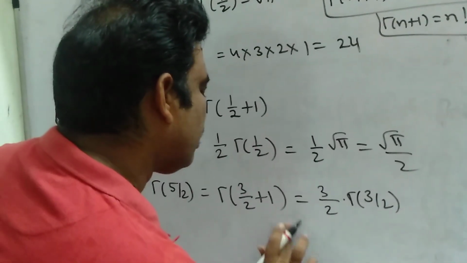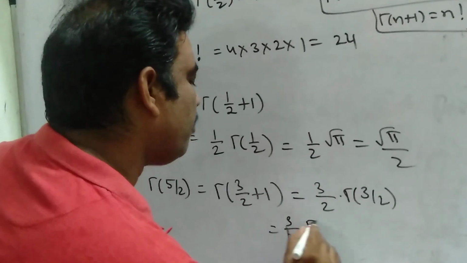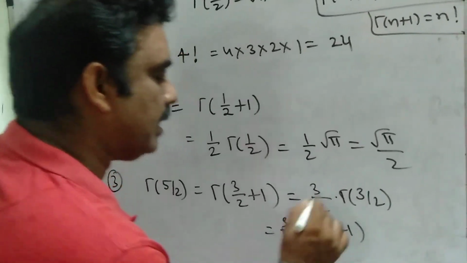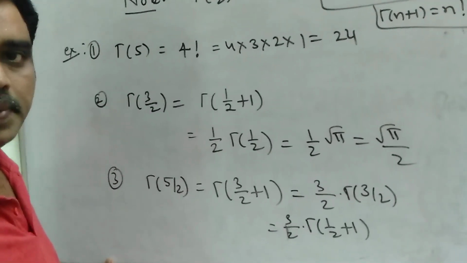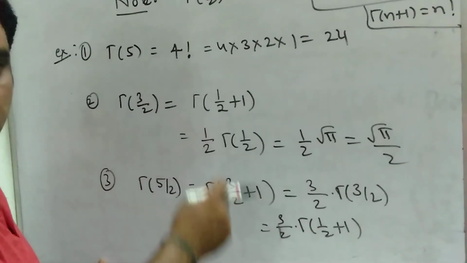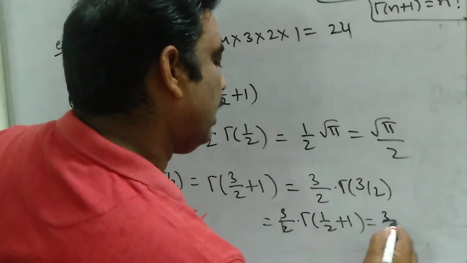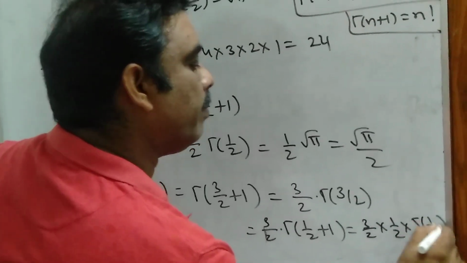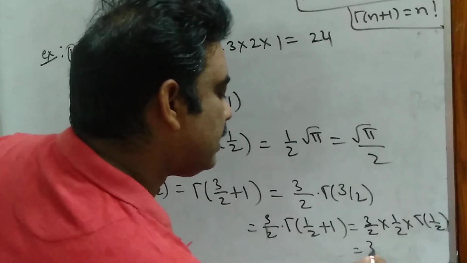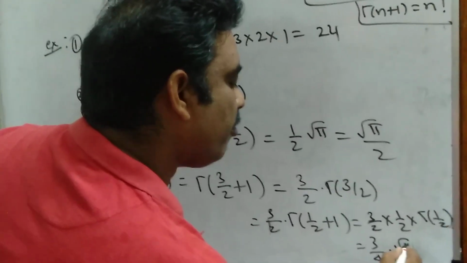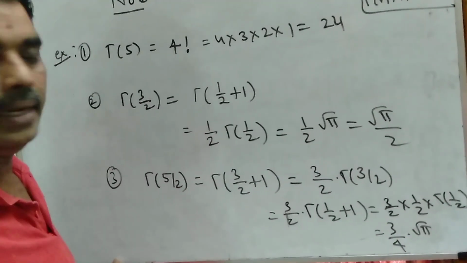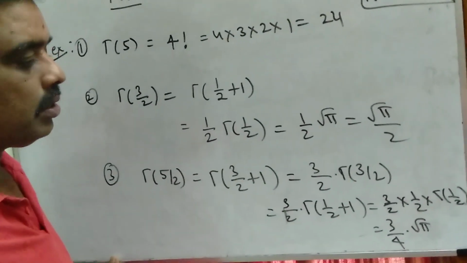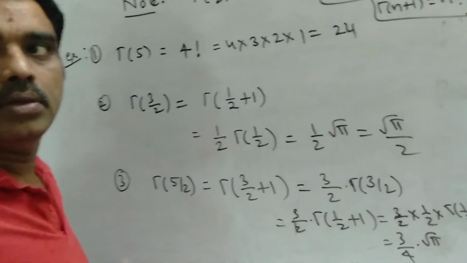Again, gamma of 3 by 2 can be written as gamma of half plus 1, as in the previous problem. That is 3 by 2 into 1 by 2 into gamma of 1 by 2. So this is 3 by 4 into gamma of 1 by 2, which is root pi. So the value is 3 root pi by 4.